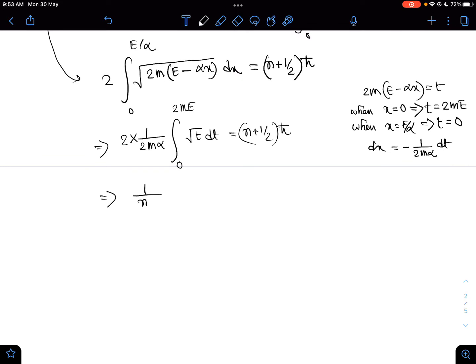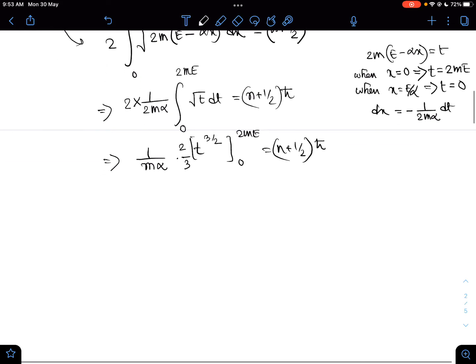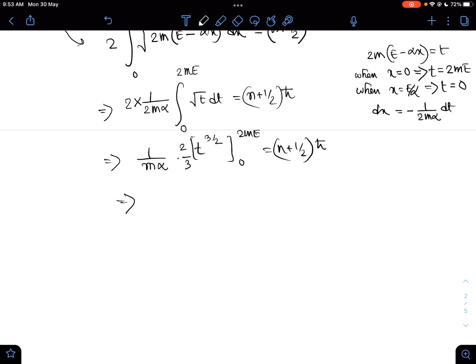So this will be t to the power 3 by 2 divided by 3 by 2, with 3 in the numerator and 2 in the denominator, and the limit is from 0 to 2mE. So t we know is 2mE to the power 3 by 2, and here we can write 3m alpha by 2 times n plus half h cut.